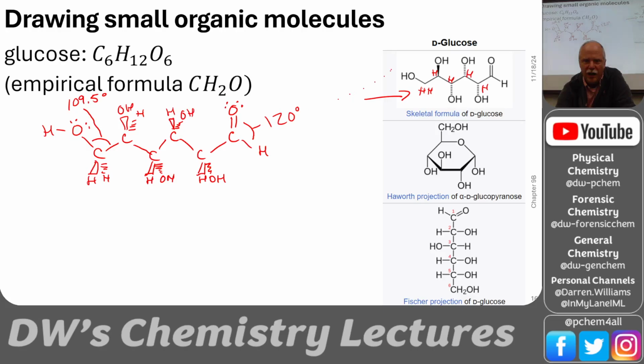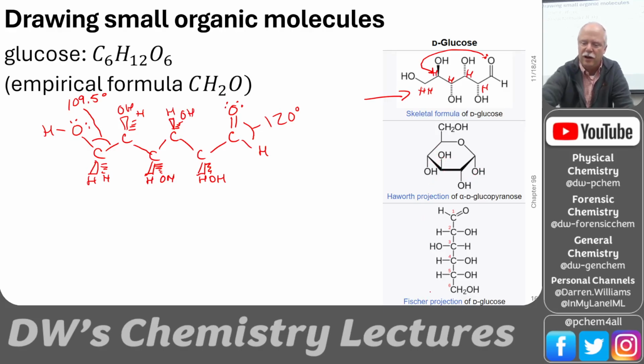Now, in order to keep track of these different patterns of the wedges and dashes, and also because this molecule can turn into a cyclic molecule, these electrons here can go around and hit the molecule right there and make a ring structure. Some of the OHs go down, other OHs go up.